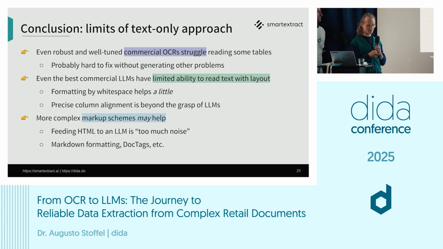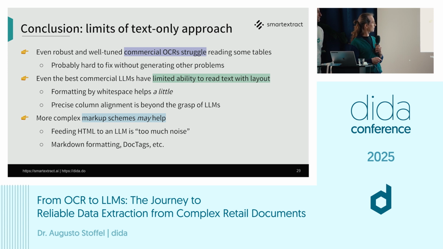Formatting text with white spaces to more or less make it look like the original page actually helps, but only a little bit. And understanding precise column alignment is something LLMs just cannot do at this point, just like they cannot count characters in a word. These kinds of tasks are very hard for LLMs. So it just doesn't work, maybe not yet.